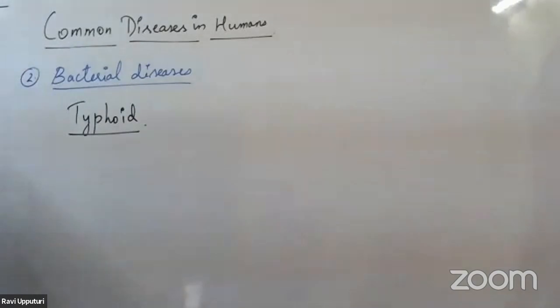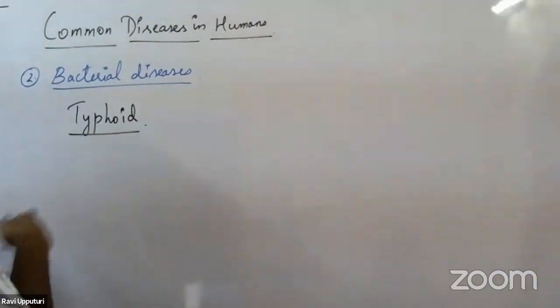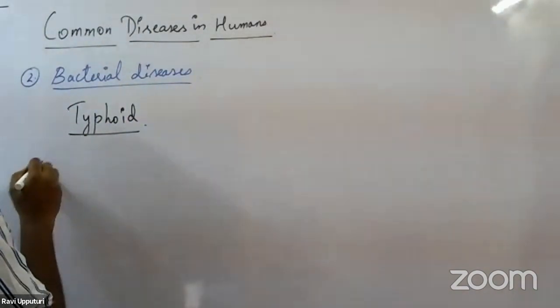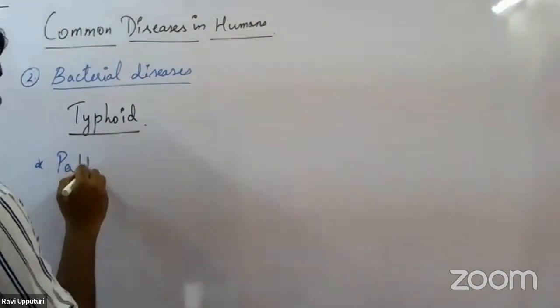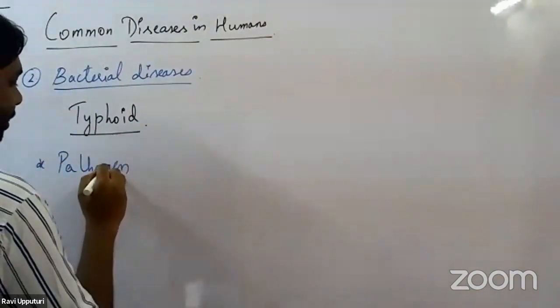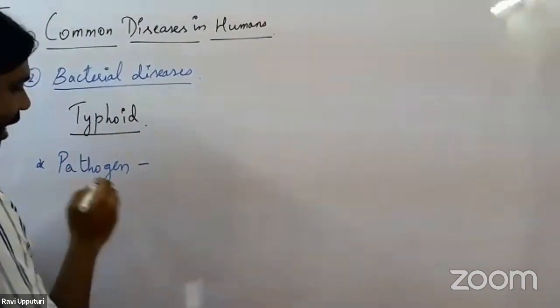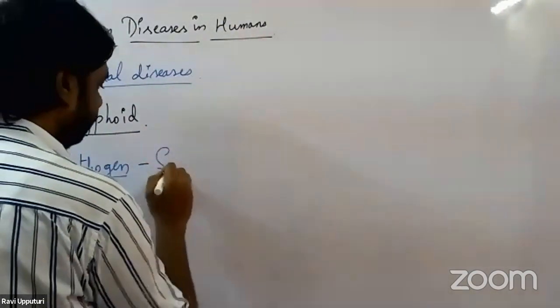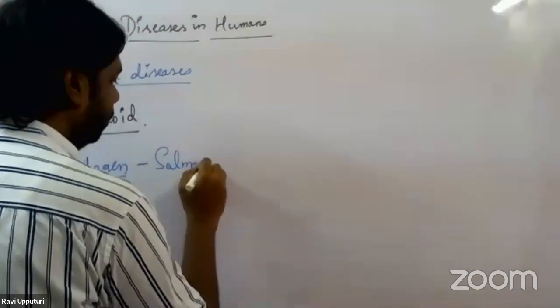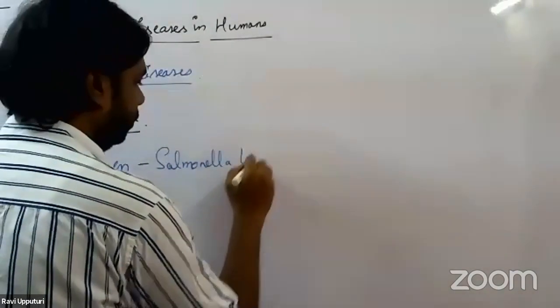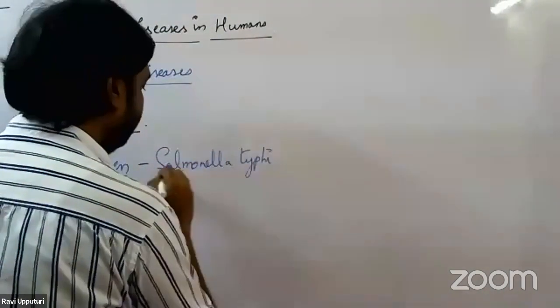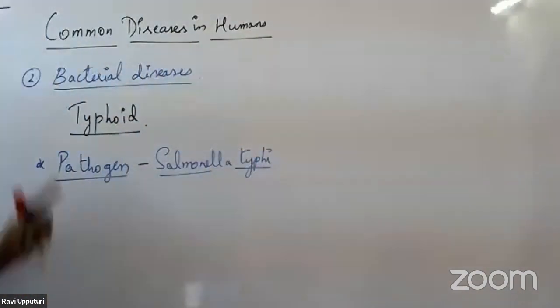Now, as usual, the first one we see is the pathogen. What is the pathogen associated with typhoid? It is Salmonella typhi. Salmonella typhi is the bacterium associated with this disease.